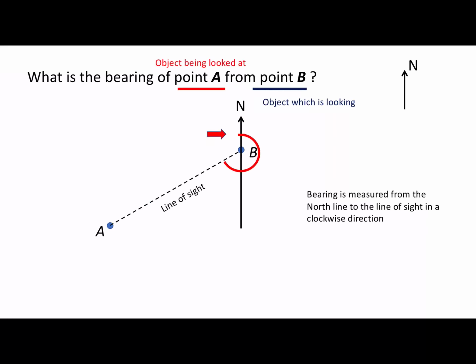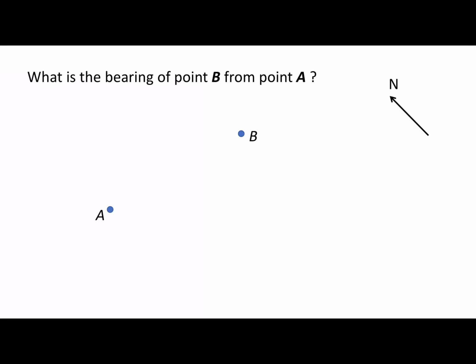Now, in this example, my north is facing up. We always draw the north line parallel to the north direction given in the question. Most of the time, the north line is facing up. What if the north line is facing sideways? Once again, the bearing of B from A. I hope you know point A is the object that is looking, and point A is where you draw the north line.